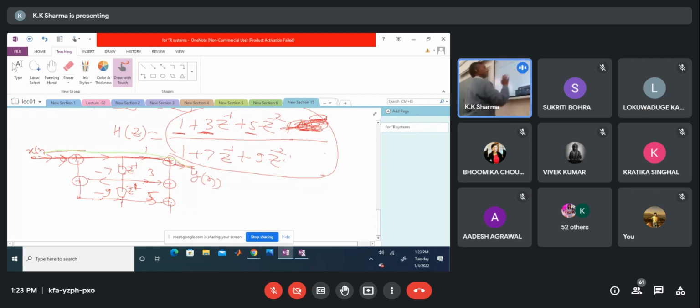This is one forward path from input to the output. Is it visible now in the green color? Yes, sir. What is the second forward path? This is the second forward path.